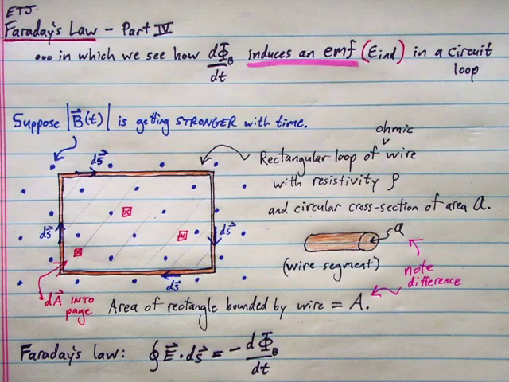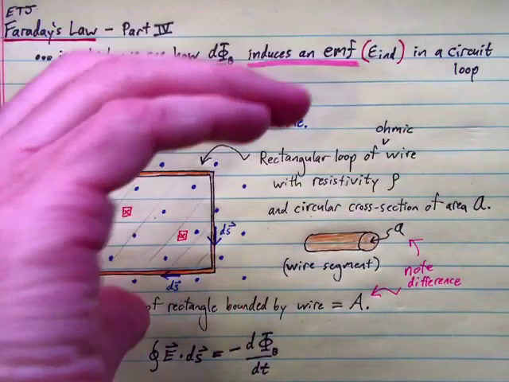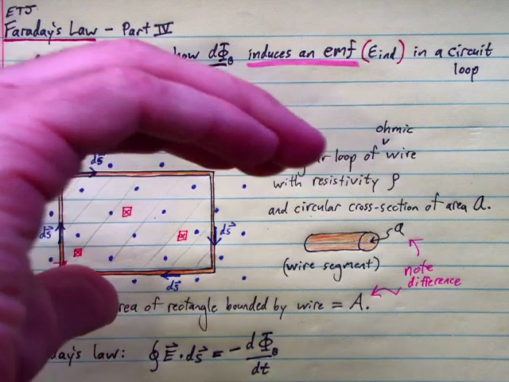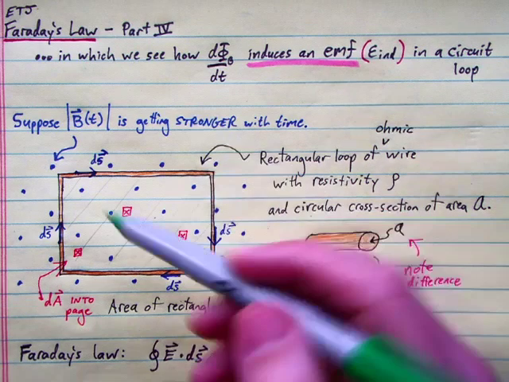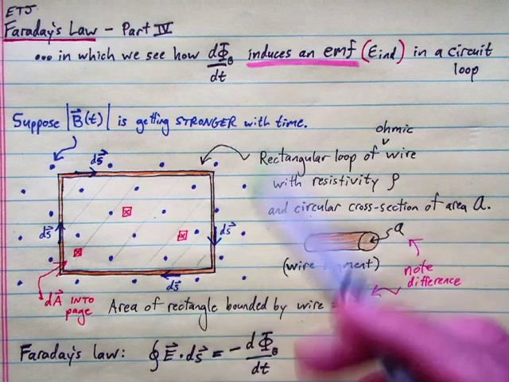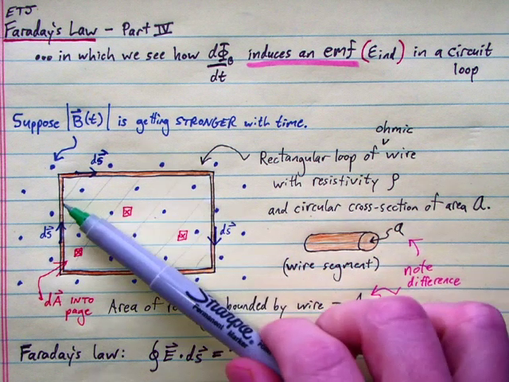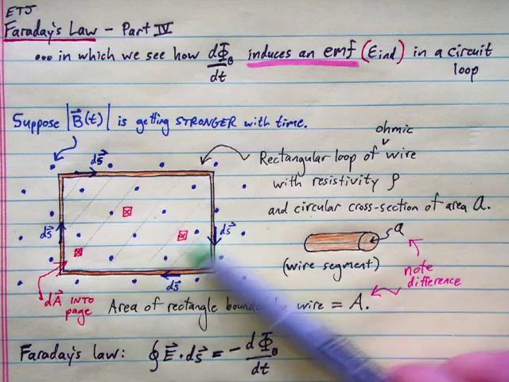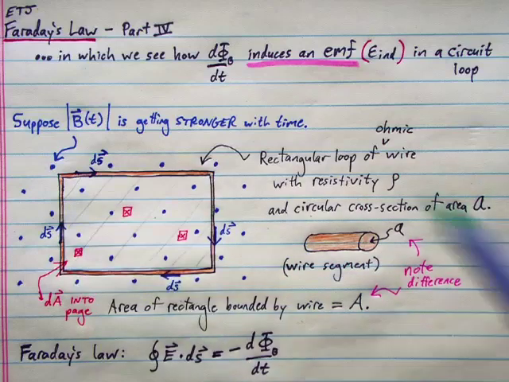Then by the right-hand rule, to get Lenz's law and Faraday's law to work out, if my ds is going clockwise, then my dA for the surface area vector should point, with my thumb, into the page. So our dA's for these little patches of surface area point into the page, opposite the B field, which is pointing out. So we'd be looking at the quote-unquote backside of this open surface bounded by the wire loop.